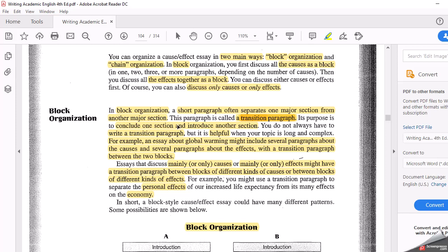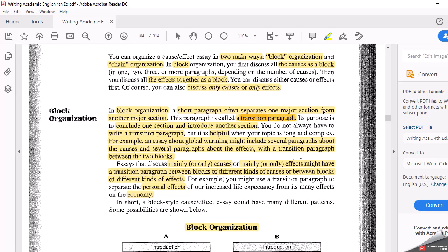In a block organization, a short paragraph often separates one major section from another major section. This paragraph is called a transition paragraph. So the transition paragraph is very important in a block organization. What does it do? It separates one major section from another major section.